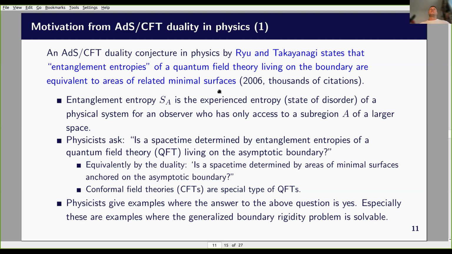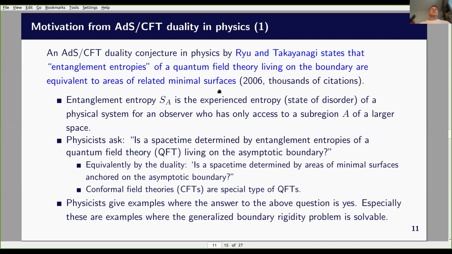In some sense, you can think about this as a kind of conditional entropy. It's a conditional measure of the state of disorder, where you don't have access to all places in your space. One example could be a black hole spacetime, where you don't have access to the states which are behind the event horizon.